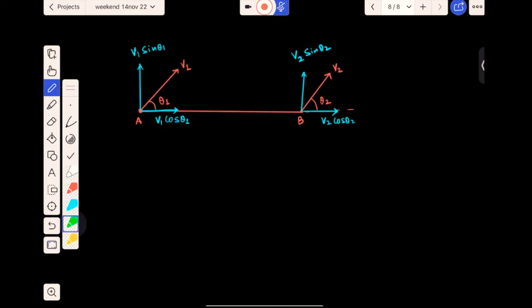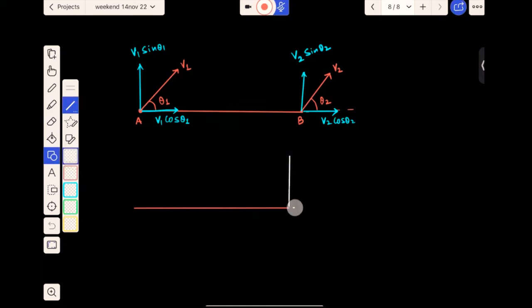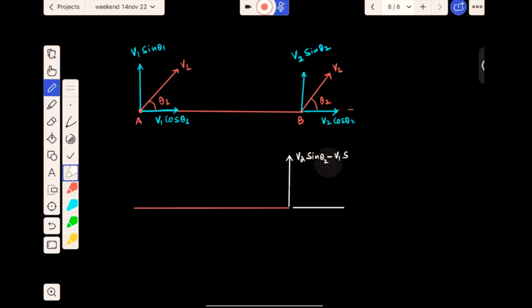I'll sit in the frame of A. The velocity I will see for B perpendicular to the line joining them will be V2 sine theta 2 minus V1 sine theta 1. And the velocity along the line joining them, I'll write as V parallel. That will be V2 cos theta 2 minus V1 cos theta 1.